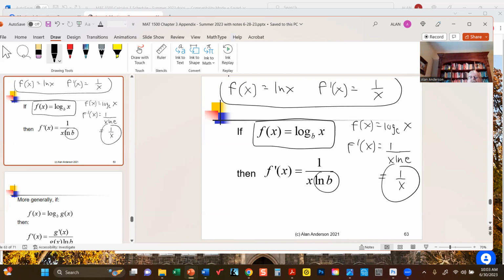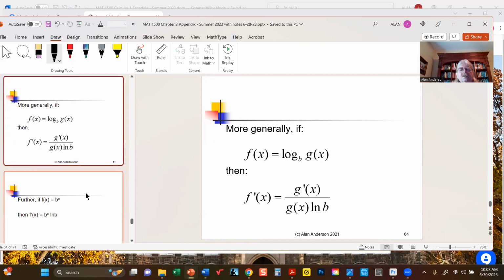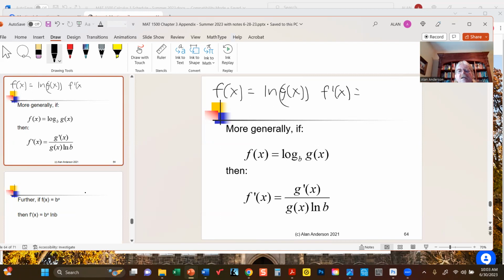Now, of course, we then have to see what happens when we have the log of a function of x. Okay, so quick reminder, when f of x was log g of x, then f prime of x turned out to be g prime of x over g of x. Well, you can see here, when we have log b, we need to include this natural log term.